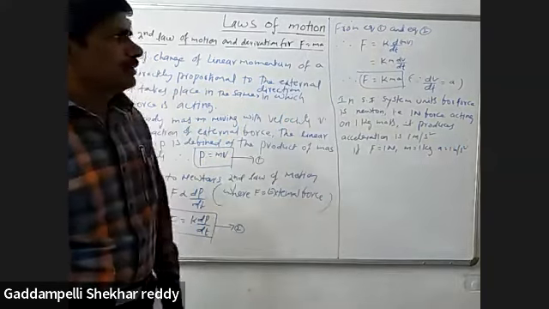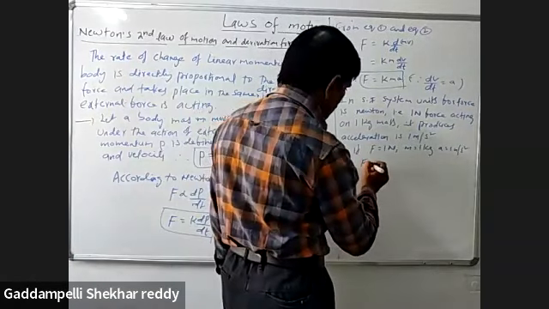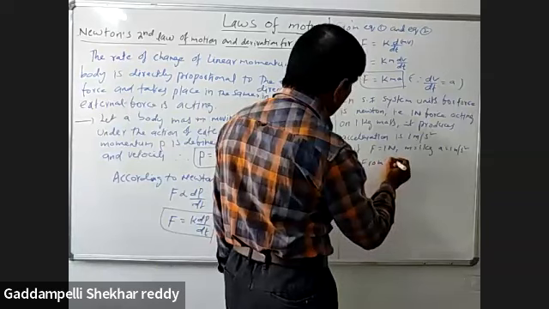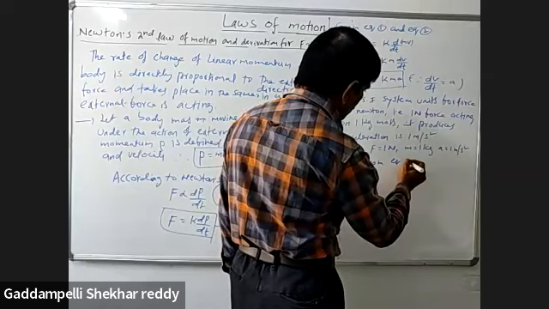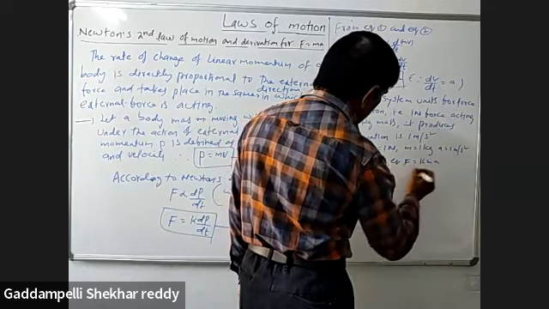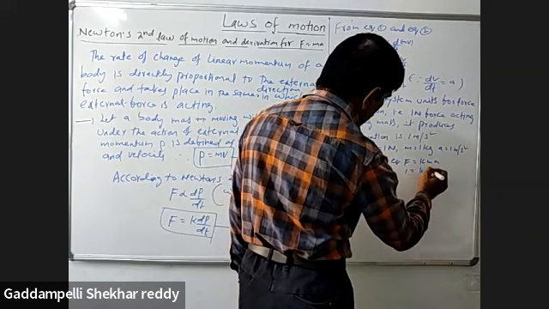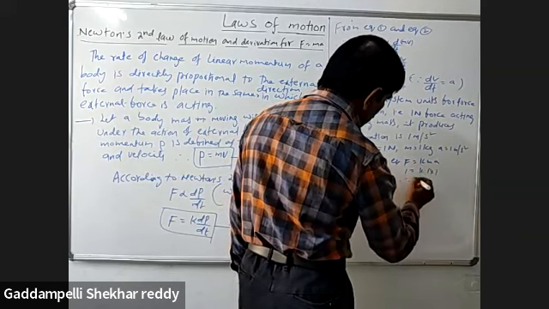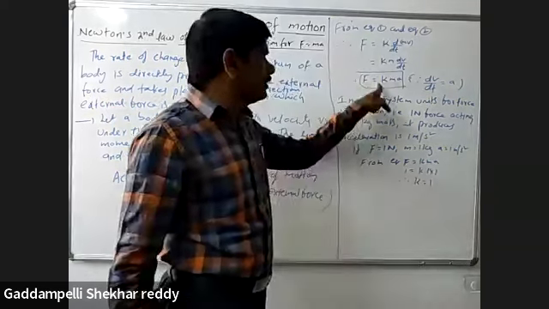From the equation F is equal to K ma, 1 is equal to K into 1 into 1. So what is the K value? 1.